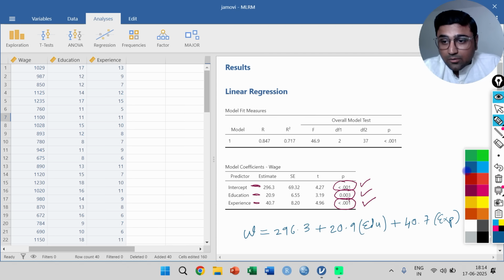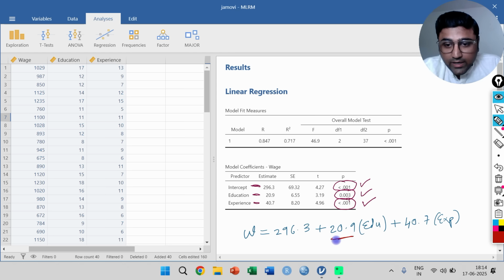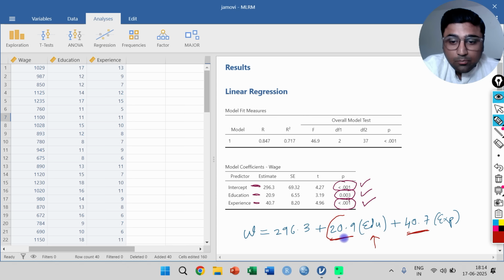Now how to interpret these coefficients 20.9 and 40.7? It means that if education increases by 1 unit, the wage rate will increase by 20.9 US dollars. Similarly, if experience increases by 1 unit, let's say 1 year, the wage rate will increase by 40.7 US dollars.